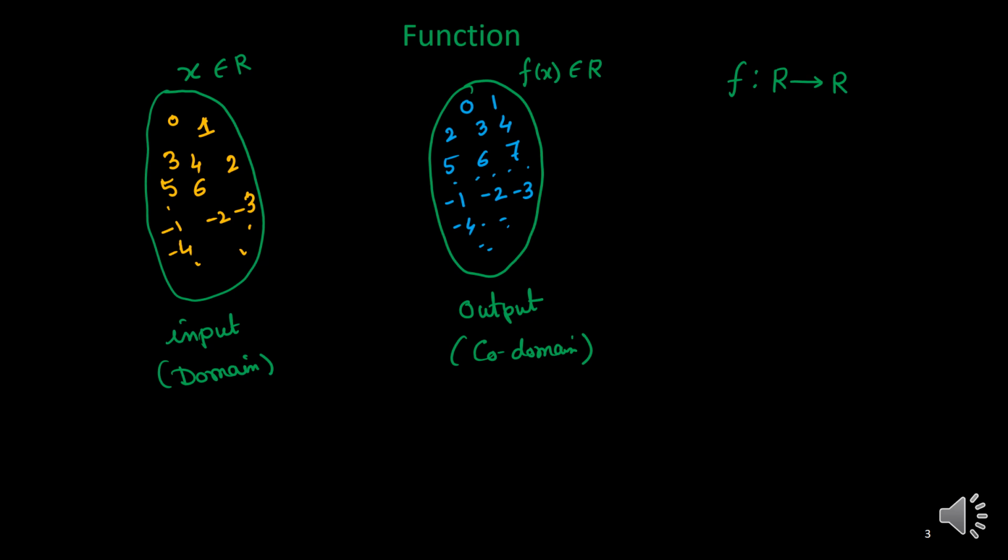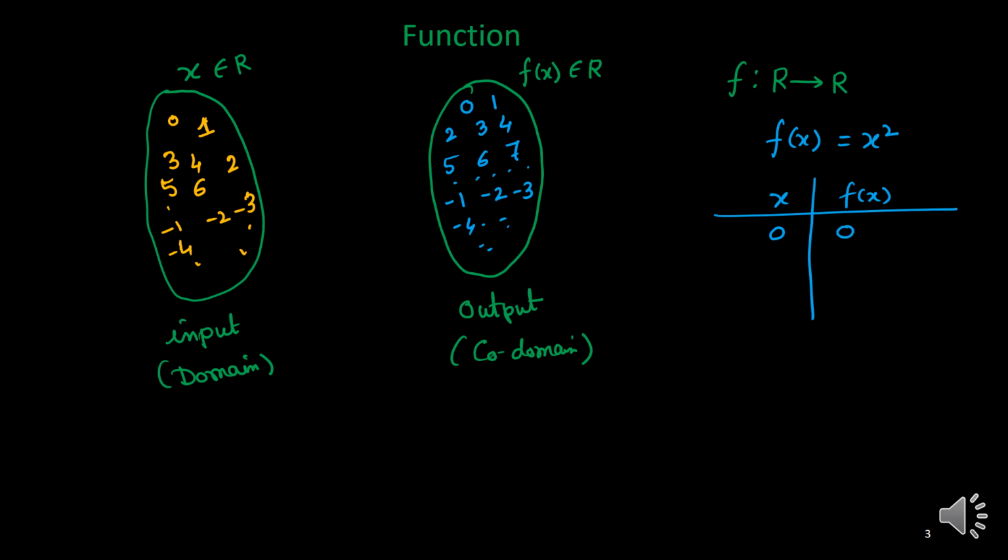Now the function is defined to map these, to relate this input and output. The function is defined by f of x equals x squared. We have already seen this. When x was 0, f of x was 0 squared, which is 0. What is the meaning?